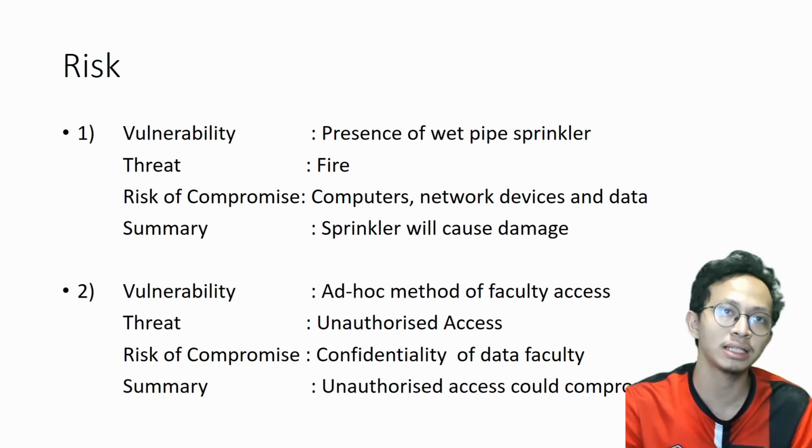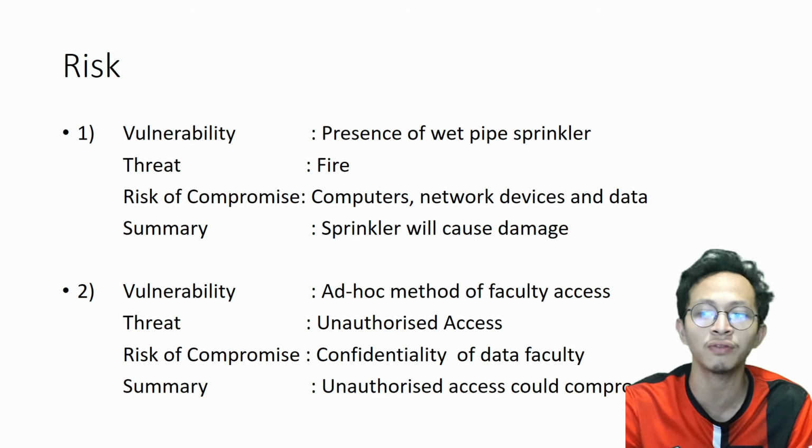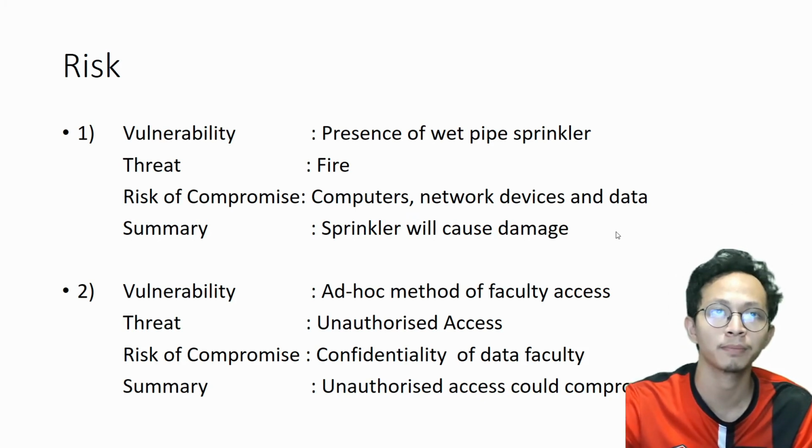For the second risk, the vulnerability is the ad hoc method of faculty access. The threat is unauthorized access. The risk of compromise is the confidentiality of faculty data. For the summary, unauthorized access via the ad hoc method could compromise the confidentiality of faculty data.